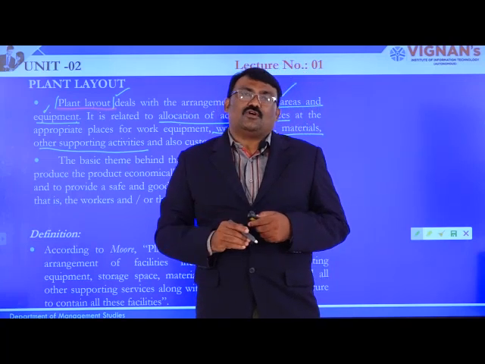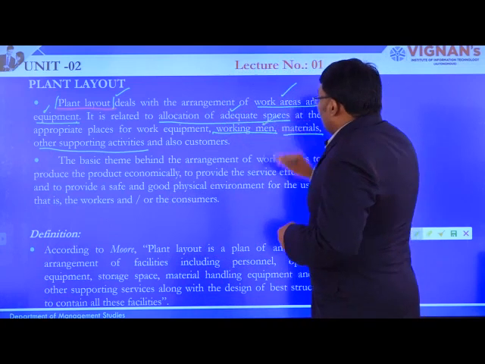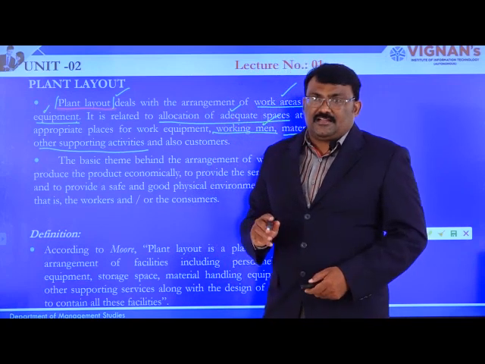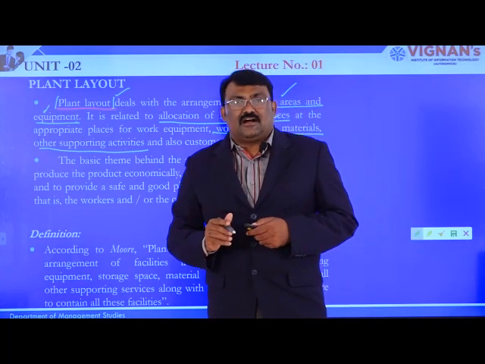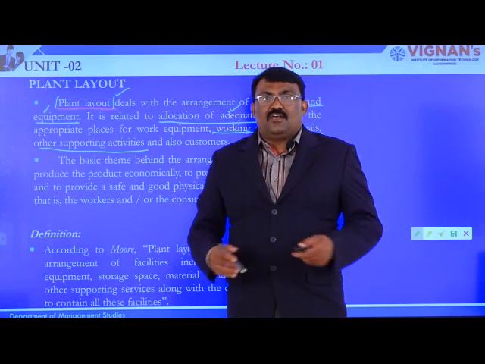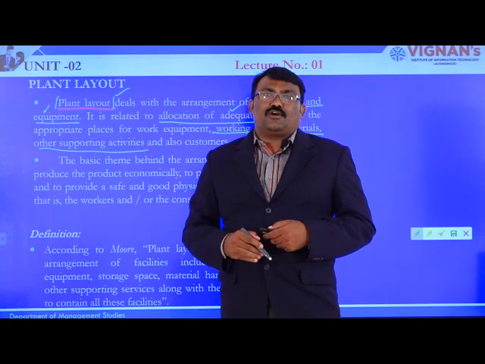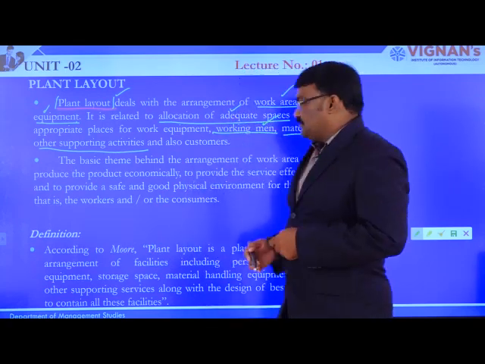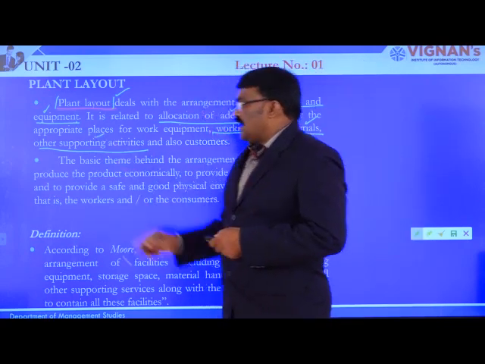That is why it is called adequate spaces. People at work should not have a congested working atmosphere. They should have free movement from one area to another. Next to men, it is material and supporting activities.